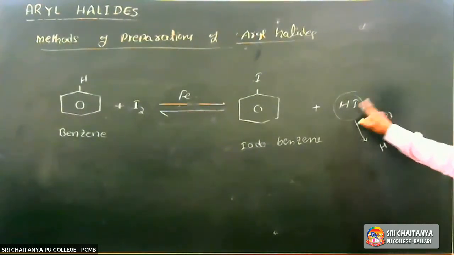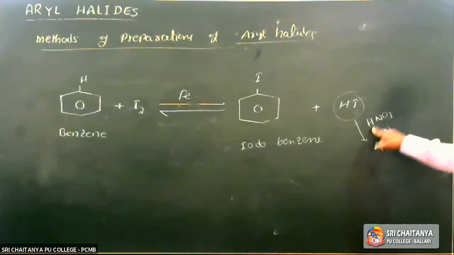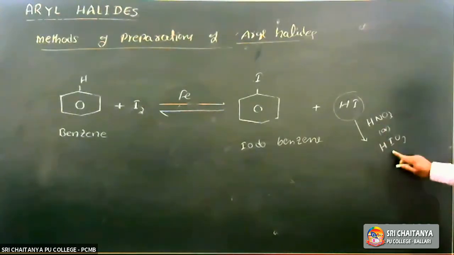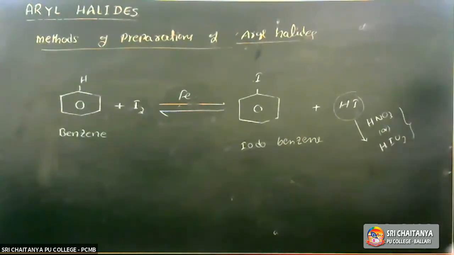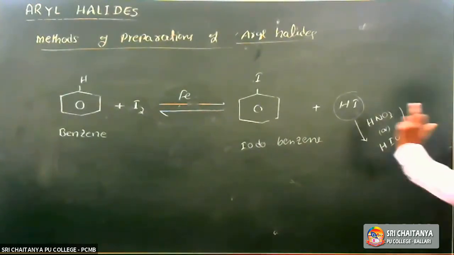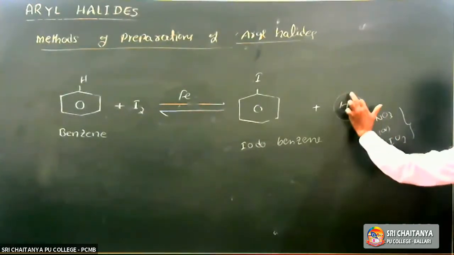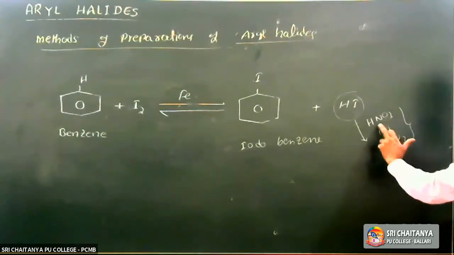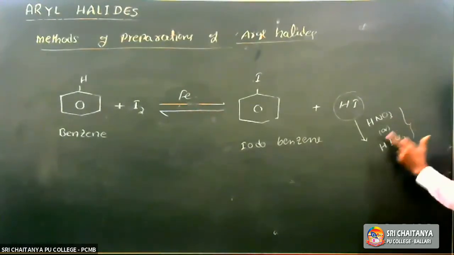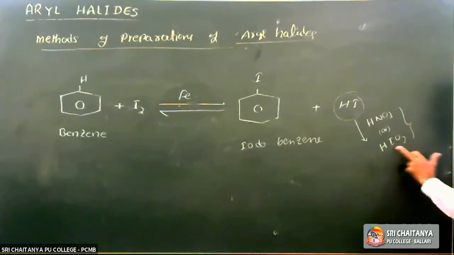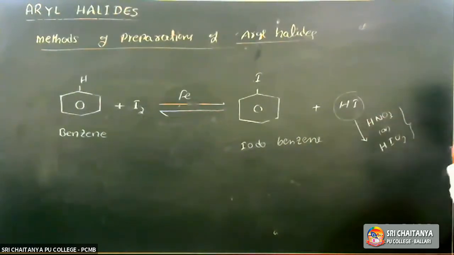This HI is oxidized by nitric acid or iodic acid. This is important because the reaction is reversible, so to prevent the backward reaction, HI is oxidized.